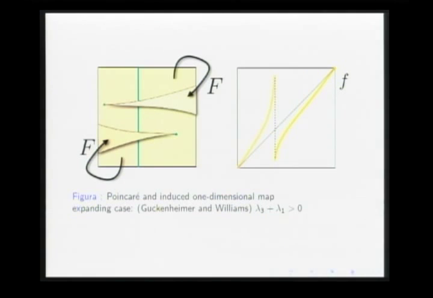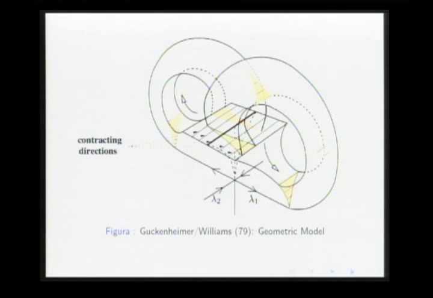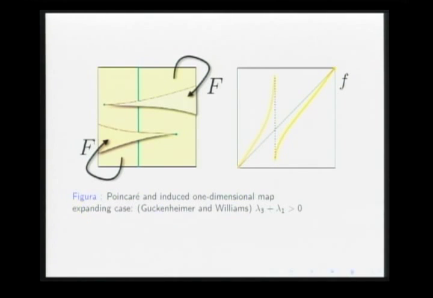And because of this condition on the eigenvalues, they have the expanding case, and they studied this. The condition is on this and this here. They have to sum to be greater than 0, and they had the expanding case. So they studied these systems, and it was very easy to say a lot of things about them.